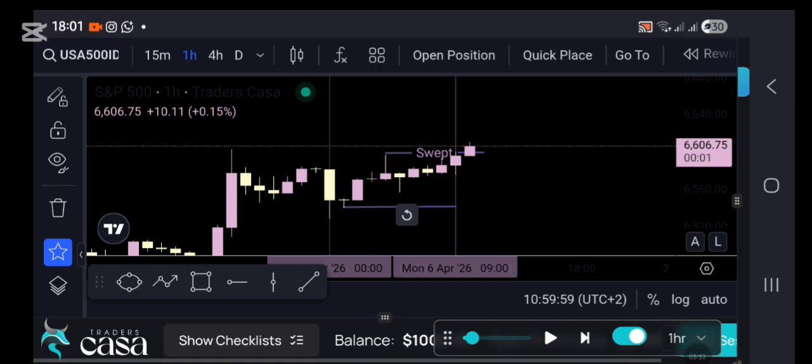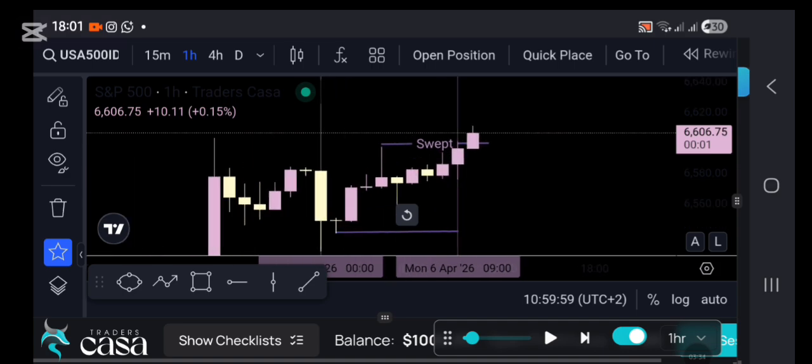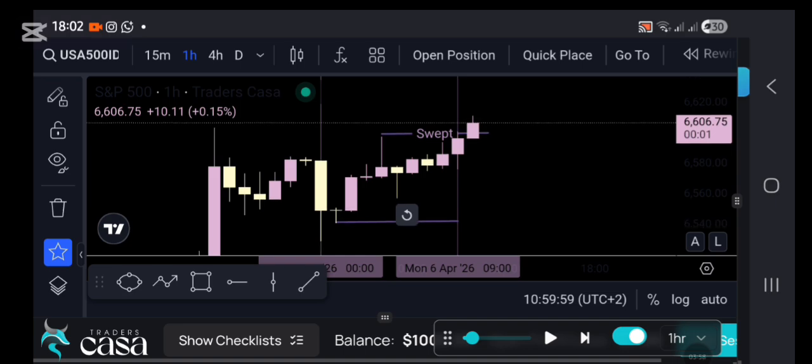After we've done that, like I said, step number one, we go on the daily time frame and mark our current daily candle. Then we move on to the 1 hour. Then we're gonna refine it to the 12 a.m. candle, because we need to be precise, and we are marking out the Asia range.